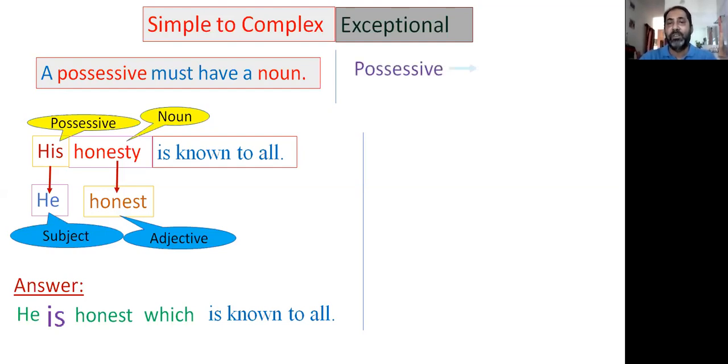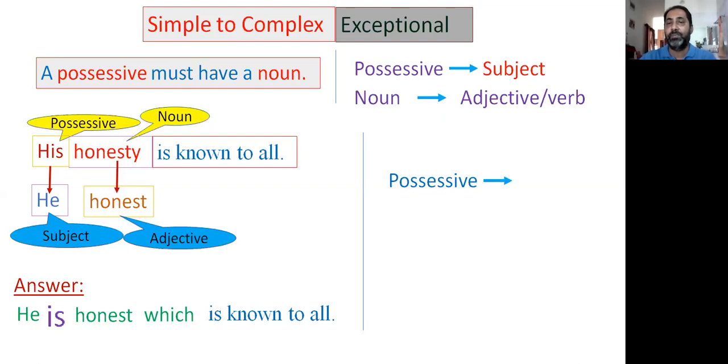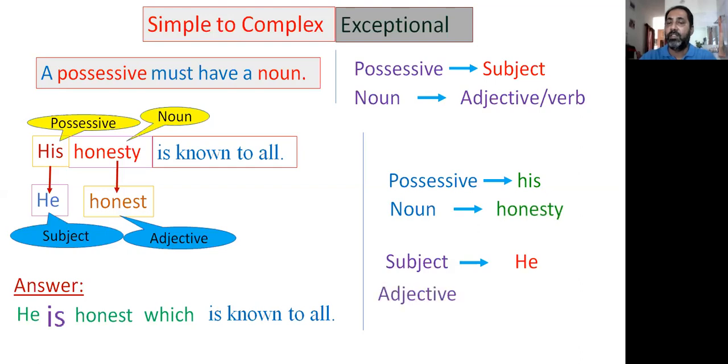What I have done: the possessive has turned into a subject, and the noun has turned into an adjective. Possessive is his, so he is the subject; the noun is honesty, and now the adjective is honest, right? I hope you have understood it easily.